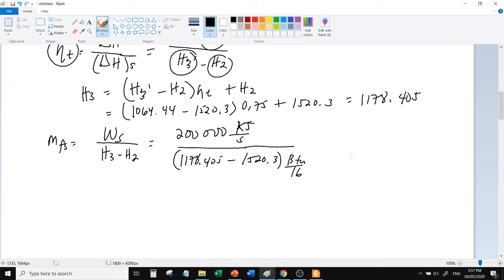We can convert, ano bang conversion factor? So, let's use the conversion factor na 0.9486 dito.